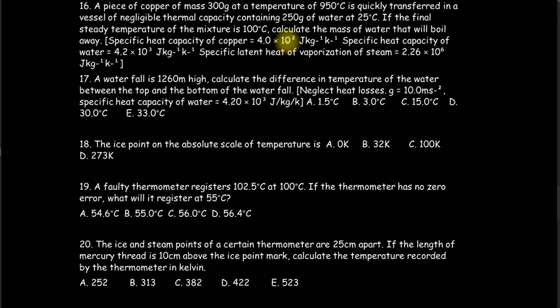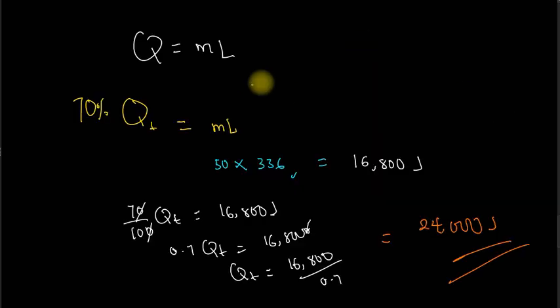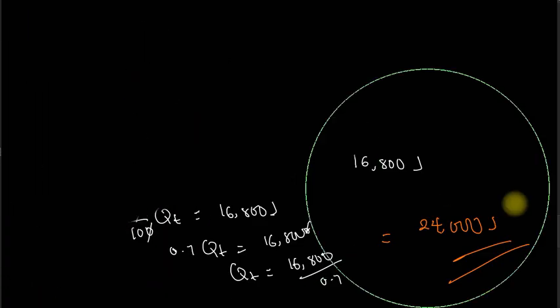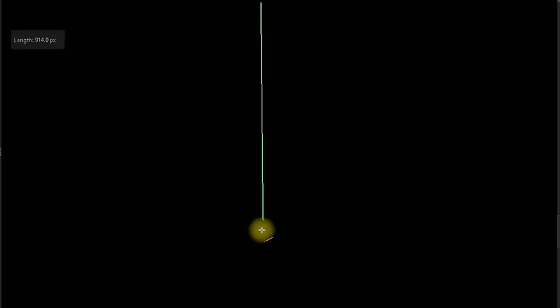The easiest way to answer a question like this is to draw a straight line, separating the masses that are gaining heat from the masses that are losing heat. So I'm going to draw a straight line. Those that are gaining heat will be on this side.